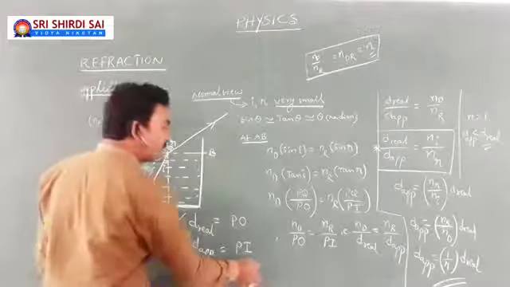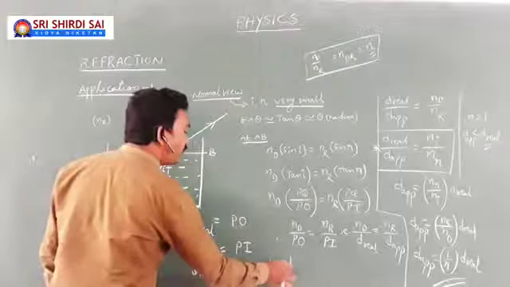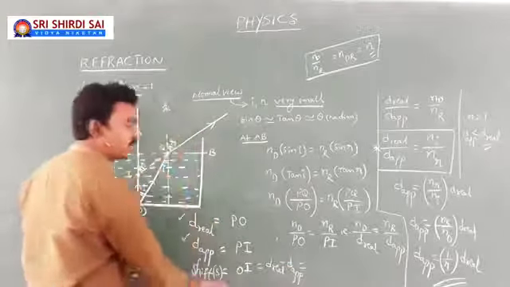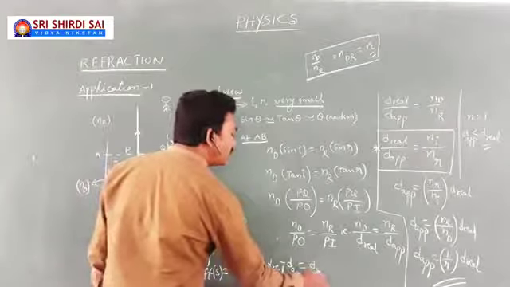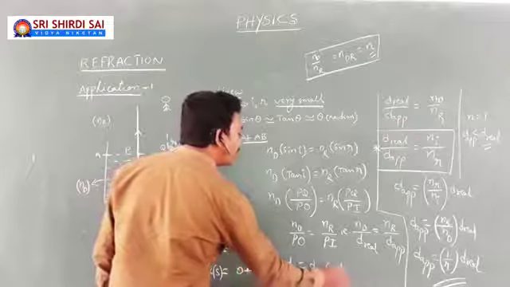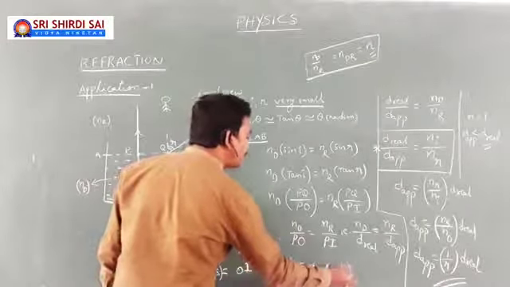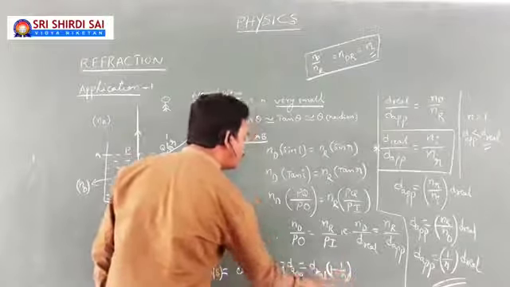So that shift can be calculated using the formula real distance minus apparent distance. If you do this calculation, you come across real distance into 1 minus 1 by N. N stands for refractive index of denser medium with respect to rarer medium. This is what you need to remember.